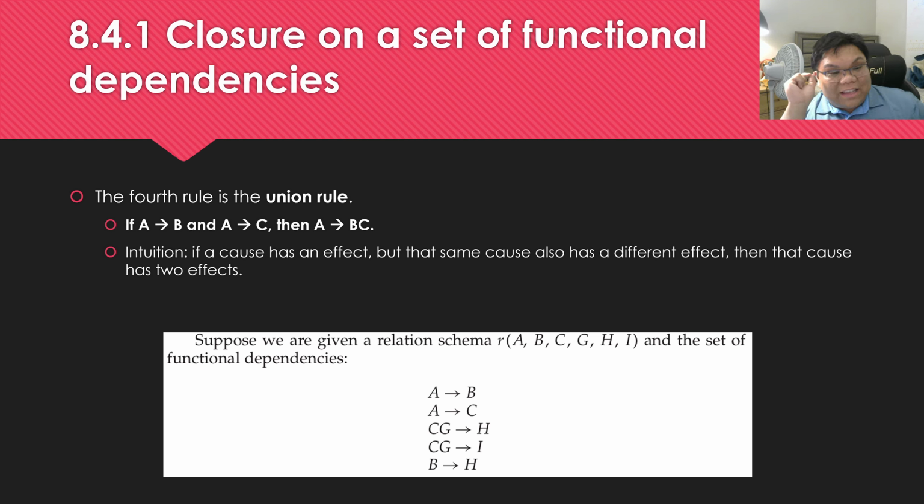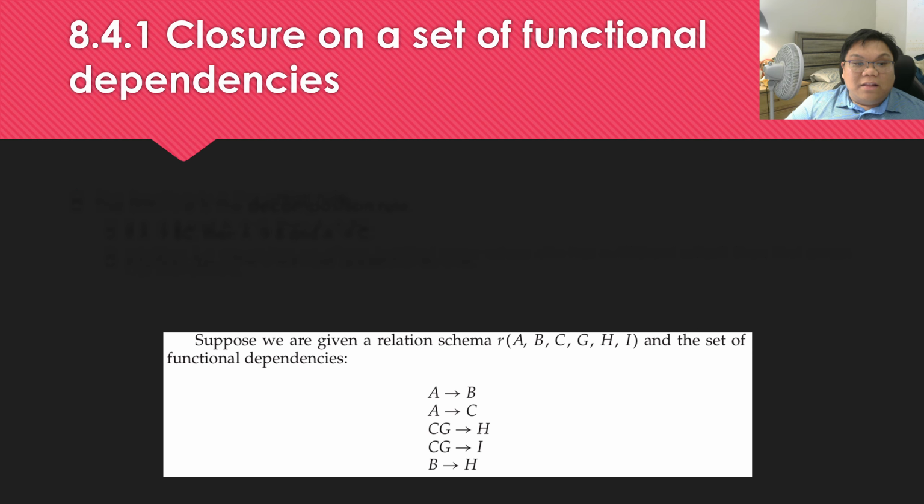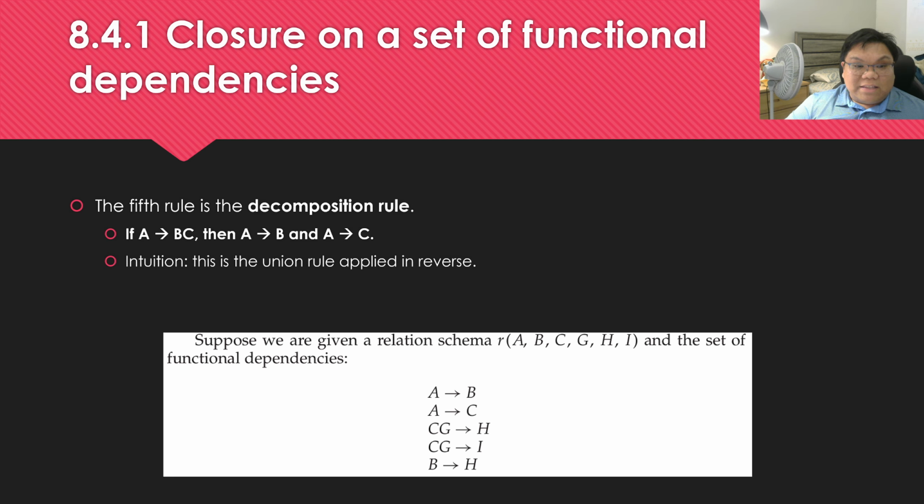So the intuition is this. If a cause has an effect, but that same cause also has a different effect, then that cause actually has two effects. So this is called the union rule. And it has its own opposite called the decomposition rule. The decomposition rule is basically the union rule in reverse. If A determines B and C, then A determines B by itself, and A determines C by itself.